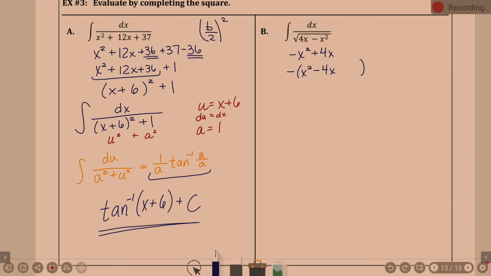What is one of our things with completing the square? The x squared term has to be just 1x squared, right? Before you complete the square, if there is any a value, you have to get rid of it. In this case, there's the a value of negative 1, so I have to factor that out. Now I'm ready to do my b over 2 quantity squared, which is 4.